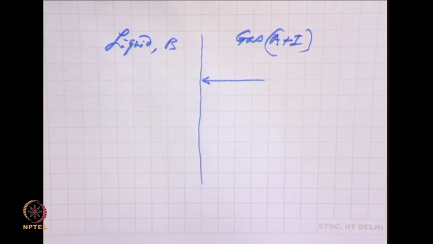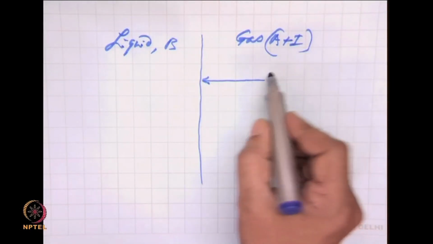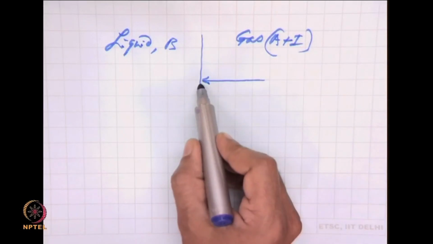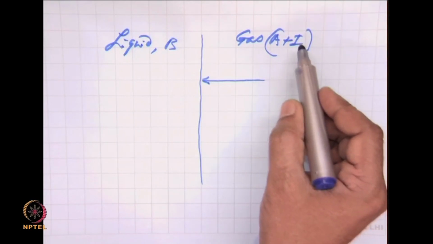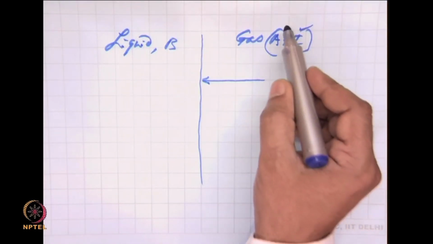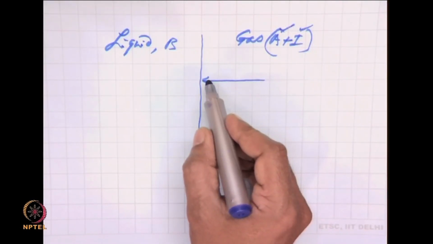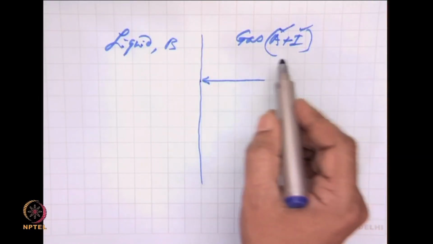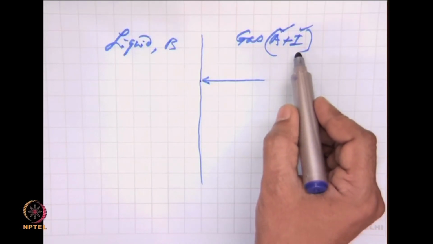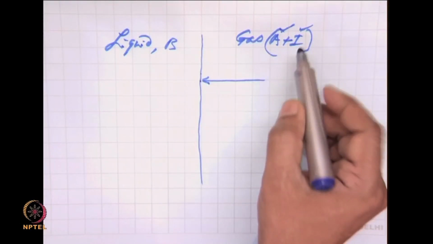Now, you can think of a situation where we may have a mixture of A and I. Then for making way up to the interface, the A molecules will have to overcome the collisional barrier offered by the inert molecules as well as molecules of its own kind. So, there will be a resistance in the gas phase. In order to reach up to this interface, that collisional barrier for A molecules to reach up to the surface will have to be scaled.